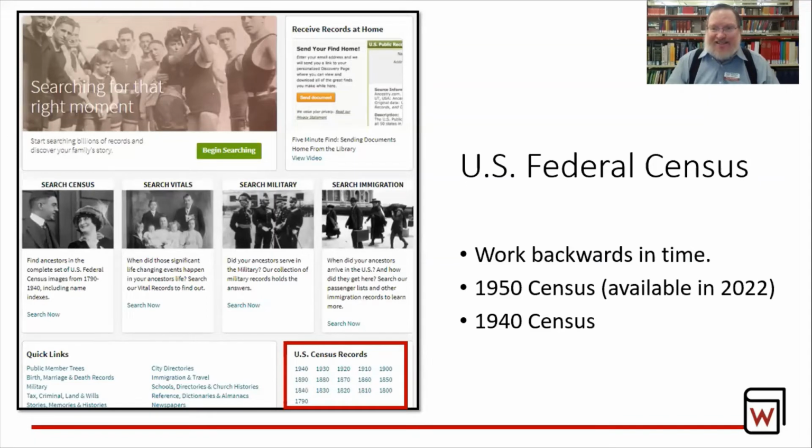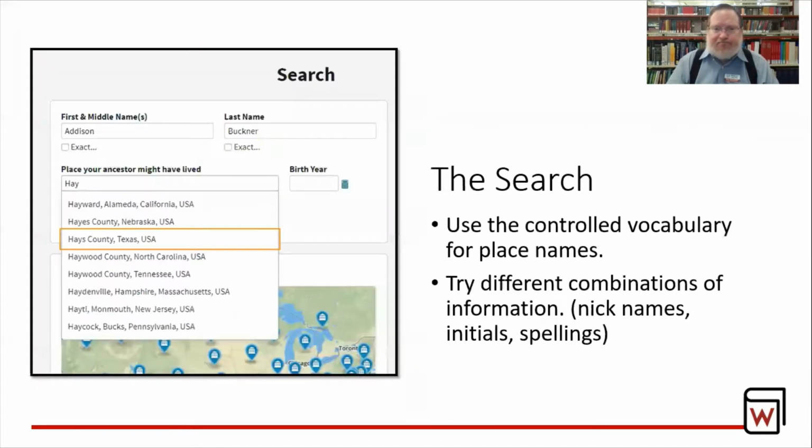So we use Ancestry Library Edition. Of course, there's FamilySearch, there's Heritage Quest, there's other sources of digital access to the census, but we're going to use Ancestry Library Edition today. Somewhere on the Ancestry page, you'll find a collection of the census records. We're going to start with 1940 and just click on 1940.